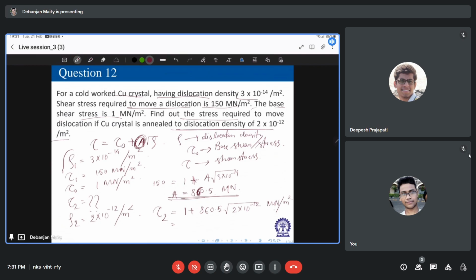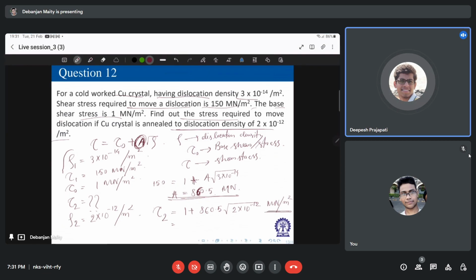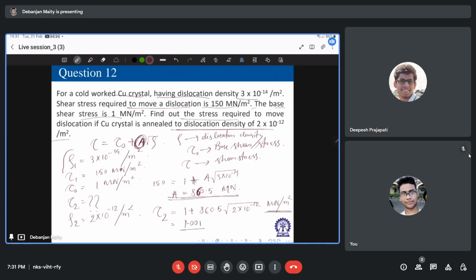What is the value coming? Coming very close to 1.001. So this is very less, no? This is coming very less.